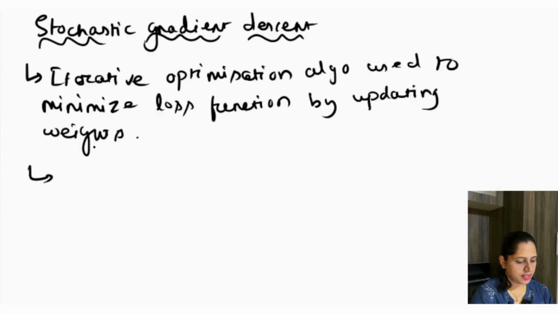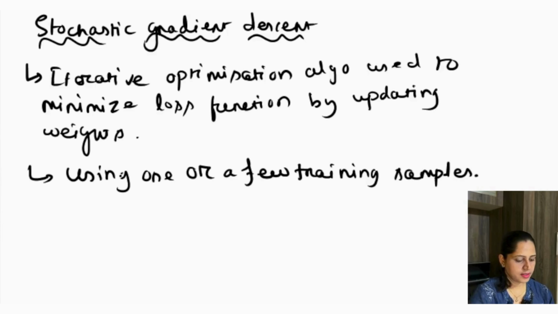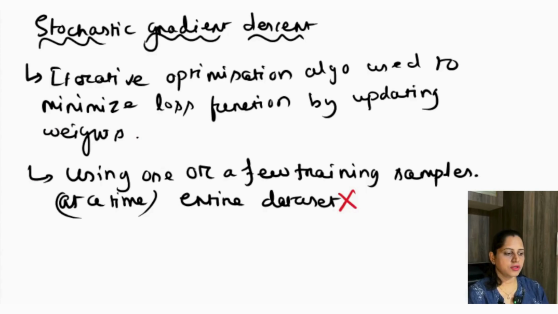We know that. And what it is doing is using one or a few training samples. This is the major difference. So it is not using the entire data set. At a time it is doing that, and not taking the entire data set. Right? So this is your stochastic gradient descent.